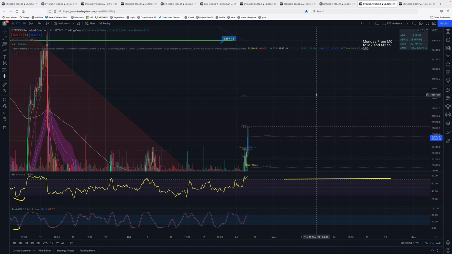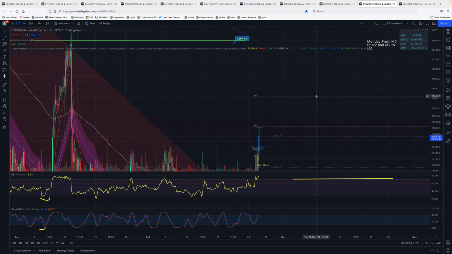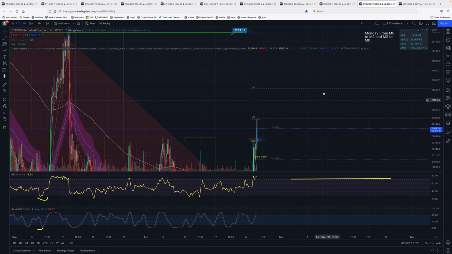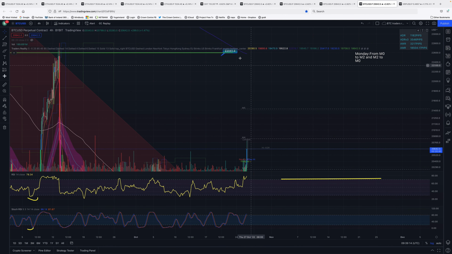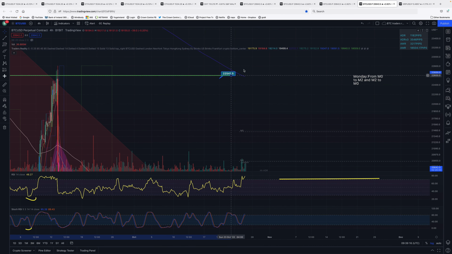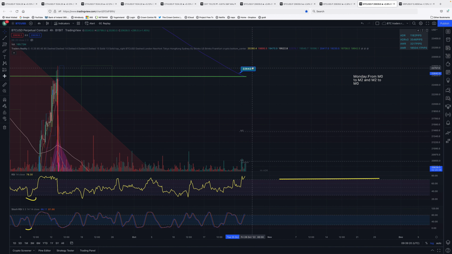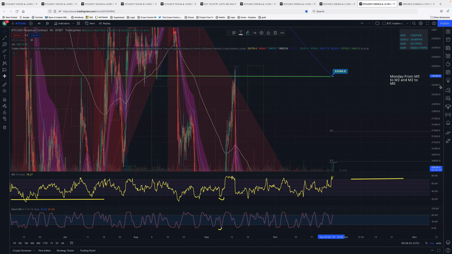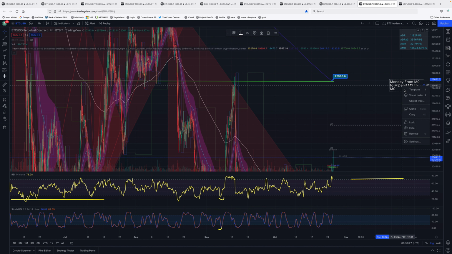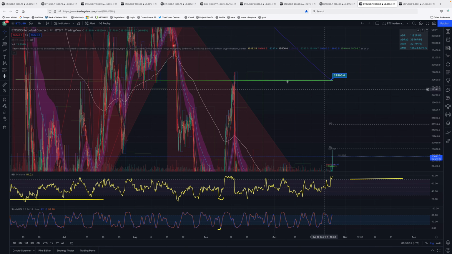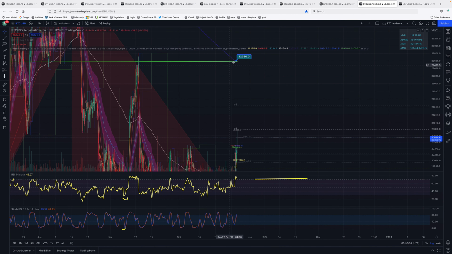If I were right now in a short, I would try to put a DCA as high as possible. Maybe the 800 here on the 4 hour, 22.5, if your liquidation allows you. That would be the most advantageous position to DCA in, because that would give you the biggest bang for your buck, so to say.